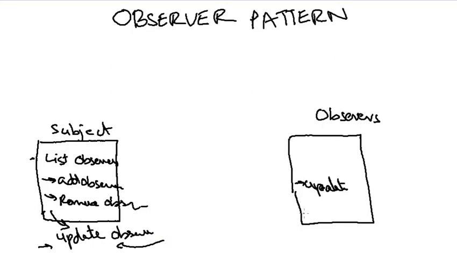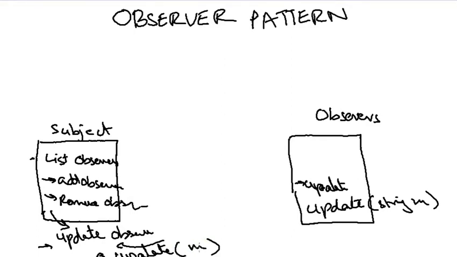For example, if this update function takes a string, or a message object, then when we loop over all the observers inside the subject class, we will write the object of the observer dot update, and then put the message here.